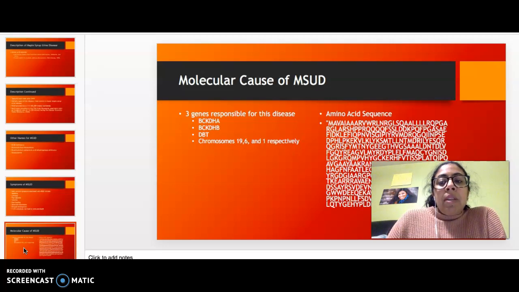The chromosomes that are affected are chromosome 19 for BCKDHA, chromosome 6 for BCKDHB, and chromosome 1 for DBT. And then on the right side, you can see the amino acid sequence that is affected in BCKDHA.